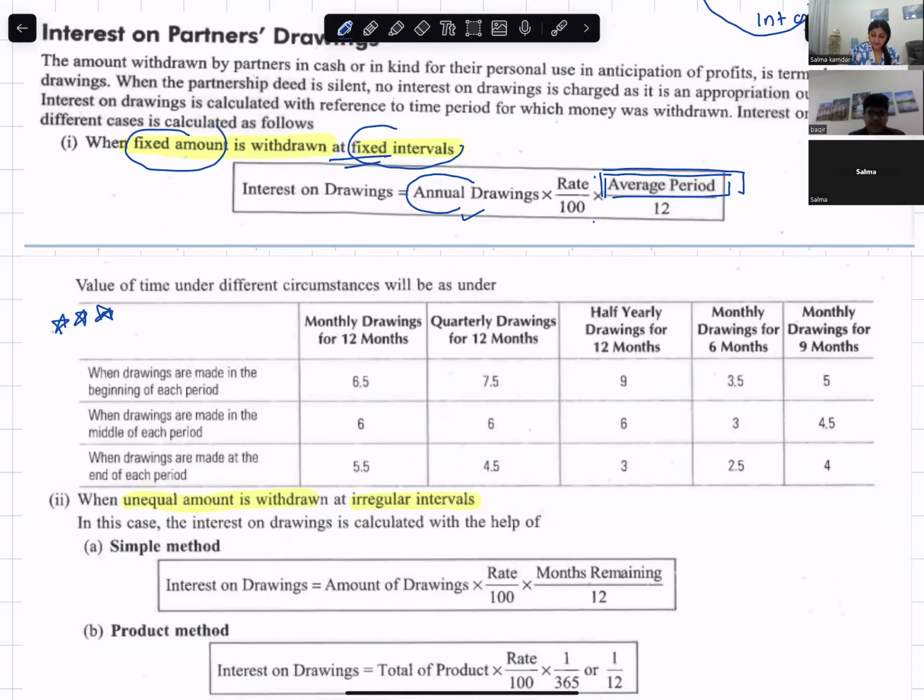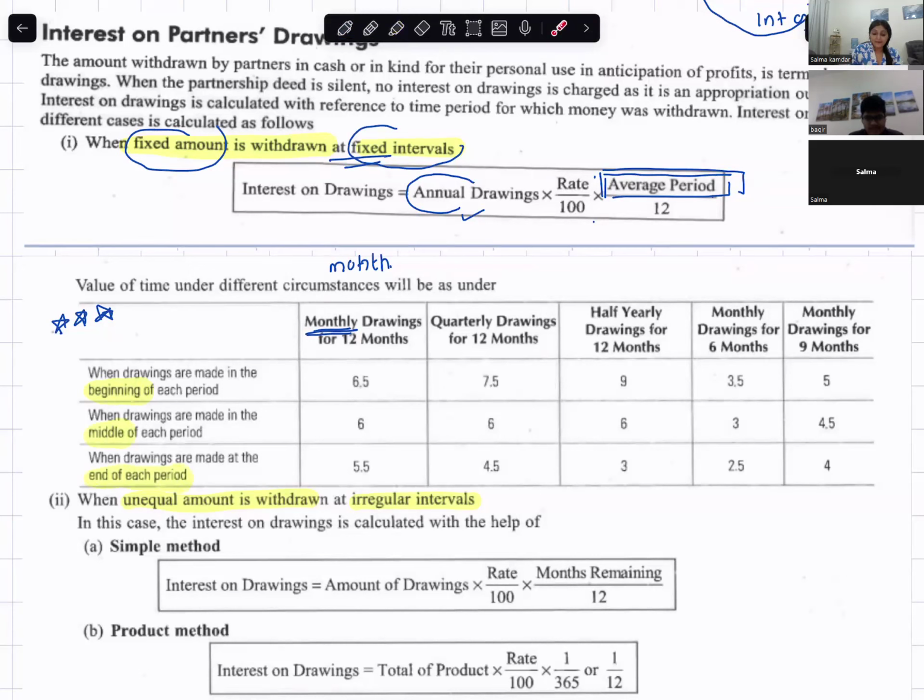First thing is you withdraw money every month. So you can withdraw at the beginning of every month, at the middle of every month, or at the end of every month.